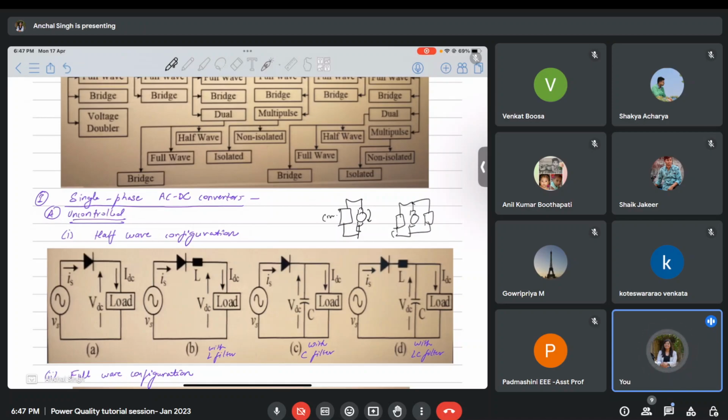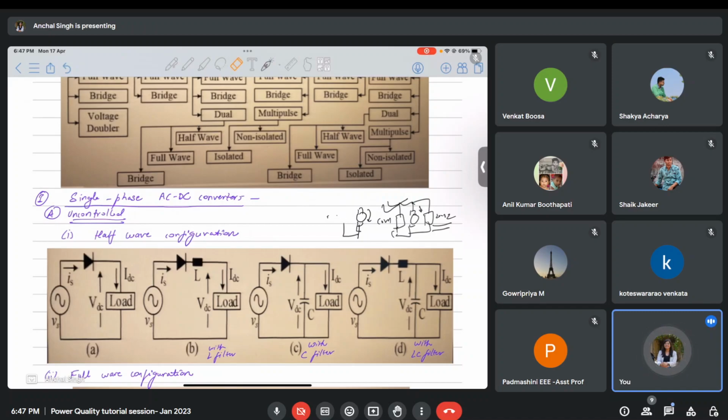This is converter 1, this is converter 2. Now if I turn on converter 1, the motor will rotate in clockwise direction. If I turn on converter 2, it will rotate in anti-clockwise direction. Therefore, using both converter 1 and 2, I am able to rotate the motor in multiple directions. Okay, so that is what a dual converter means.